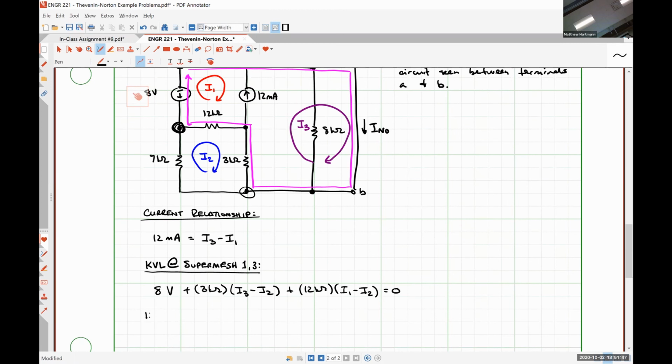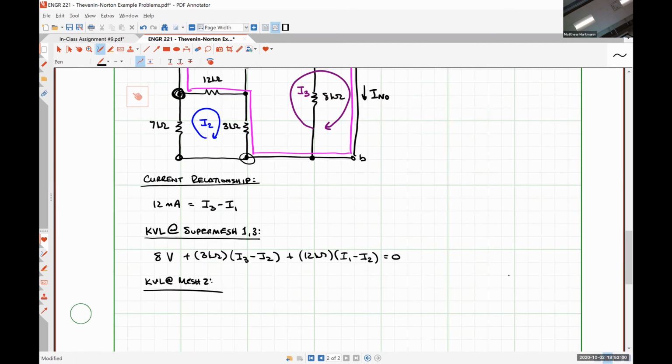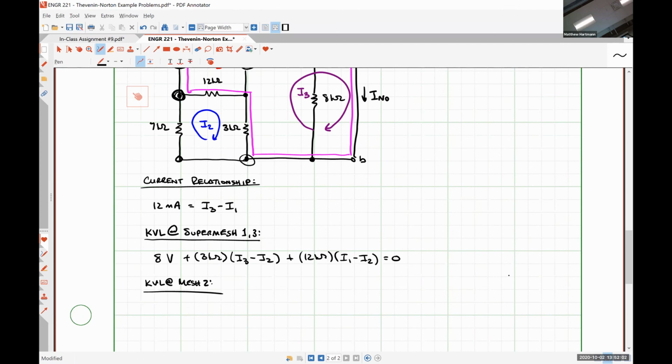Our last equation comes from applying Kirchhoff's voltage law at our non-super mesh. So this is mesh 2. We're going to start at the bottom left-hand corner and just follow I2 around that little path. So what do we have? Seven kilo ohms times I2. What's next?